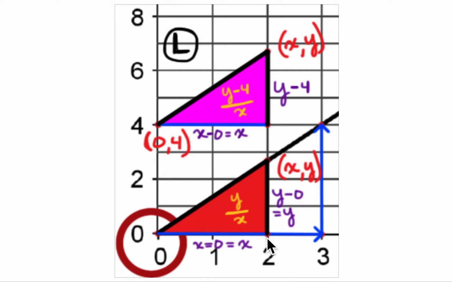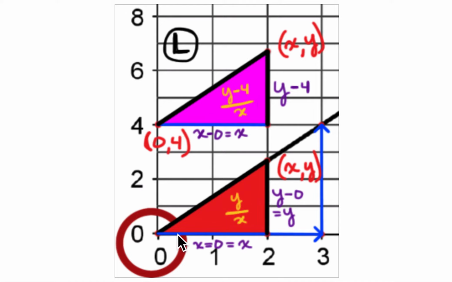So the x-coordinate is 2, and that is the number of units along the x-axis. But the y-coordinate is not y. You have to subtract these 4 units to shift this down. So the ratio is actually going to be y minus 4 over x with this slope triangle here.